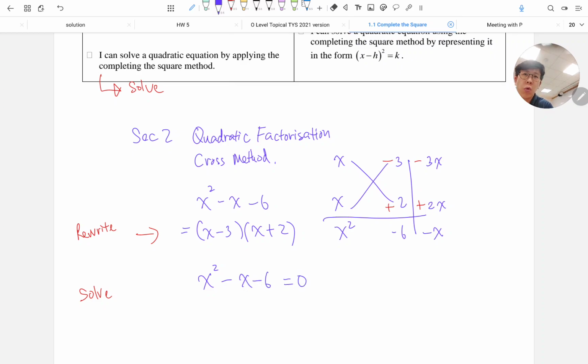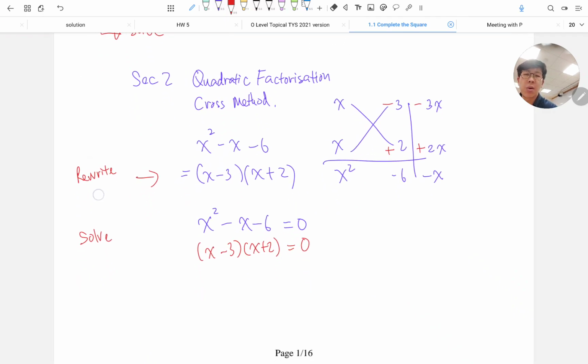You will use the new form and write the left hand side as x minus 3 times x plus 2 equal to 0. Then you can apply the zero product rule that says x minus 3 equal to 0 or x plus 2 equal to 0, and then eventually you could solve it.